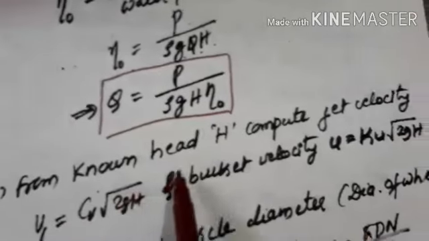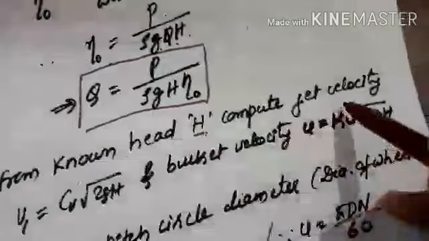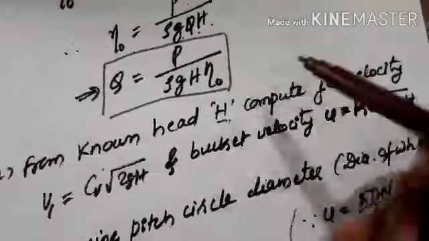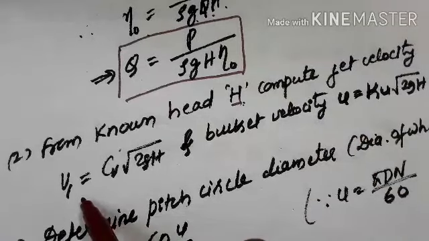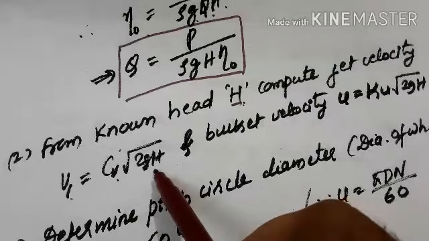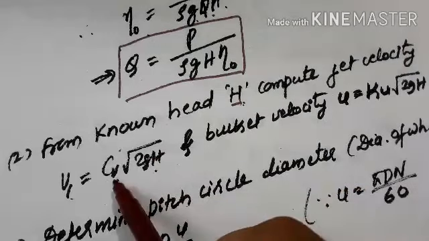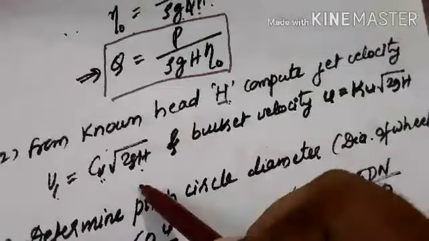Then, from a known head H, compute the jet velocity. As we know, the formula for calculation of actual velocity is V equal to Cv into root of 2gh. Since h is given here and Cv will be given, if not given, Cv is to be assumed between 0.97 to 0.99.